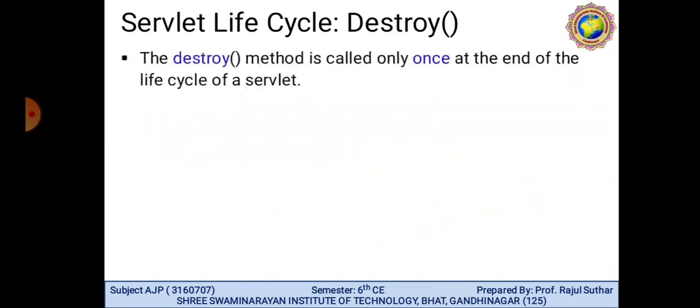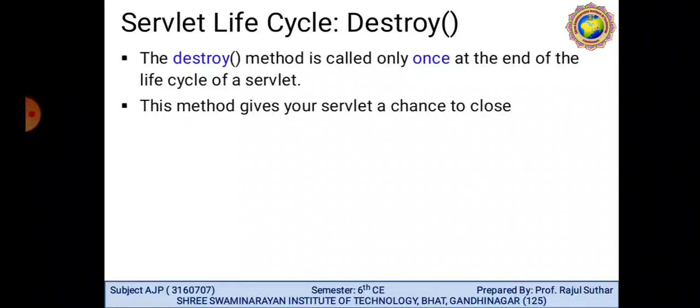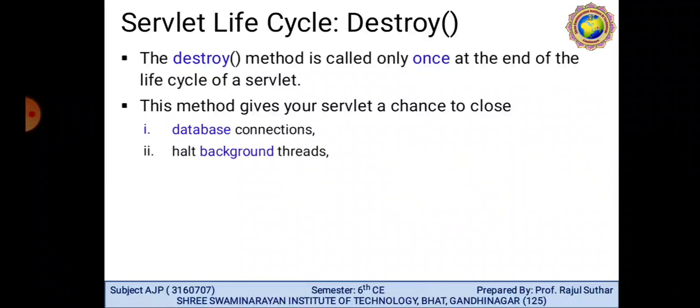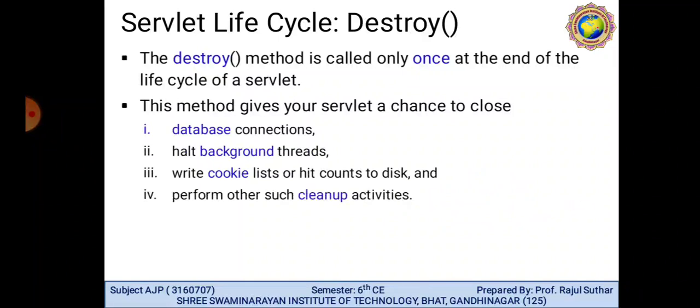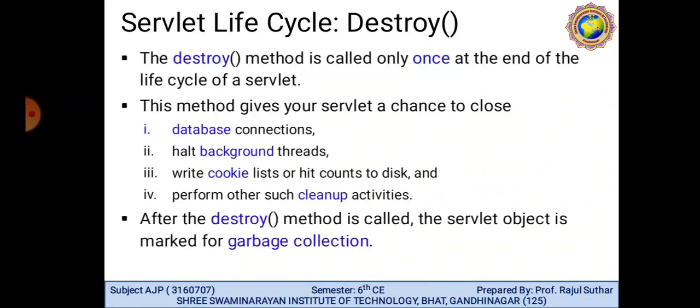Last one, the destroy method is called only once at the end of the life cycle of the servlet. This method gives your servlet a chance to close database connections, halt background threads, write cookie lists or hit counts to disk, and perform other such cleanup activities.